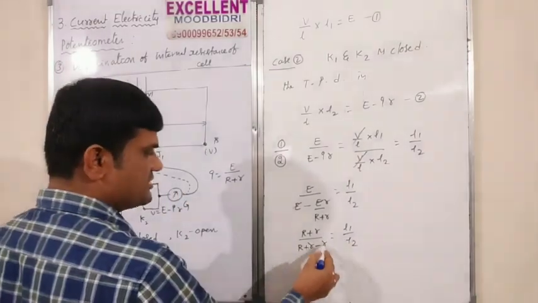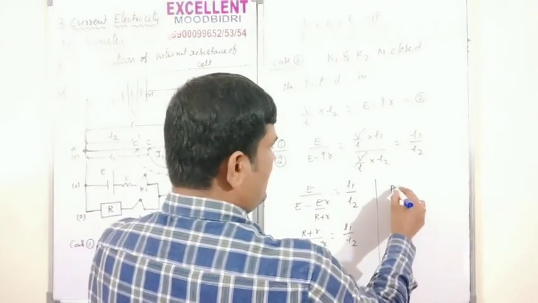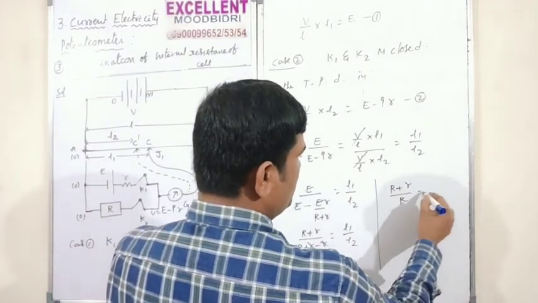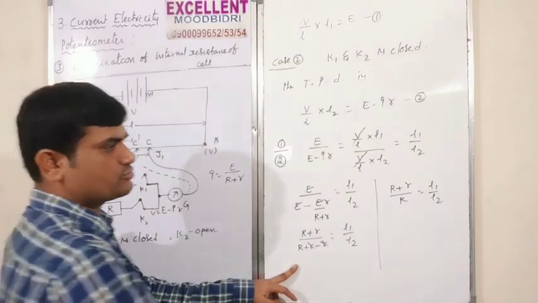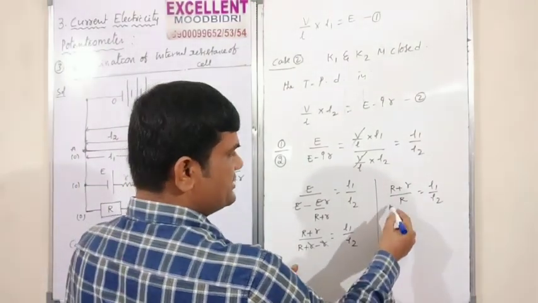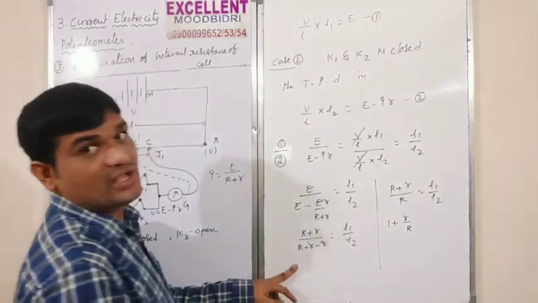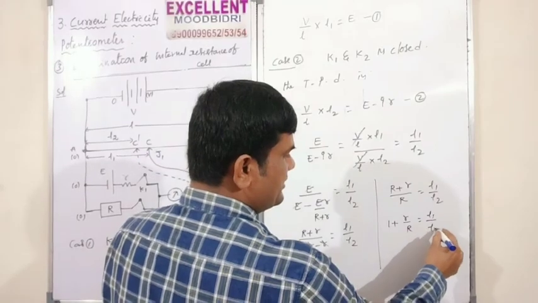This one gets cancelled. Therefore R plus small r divided by capital R is equal to L1 by L2. Observe this: it is 1 plus r by R, and this is equal to L1 by L2.